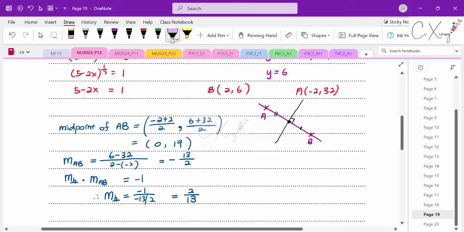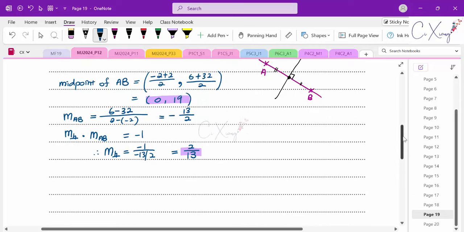Okay, so to form the linear equation, I need two pieces of information. I need the passing point, which is the midpoint of AB. I need the gradient of the line, which is this one. Since I have every detail that I need, I can start to form the perpendicular bisector equation. Okay, so y minus y1 equals m times (x minus x1).